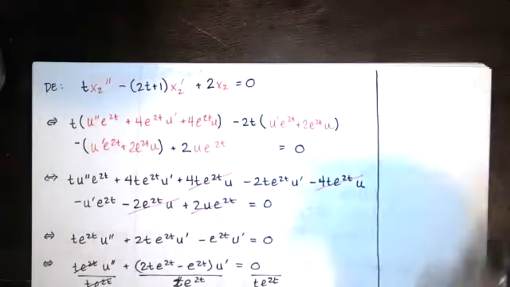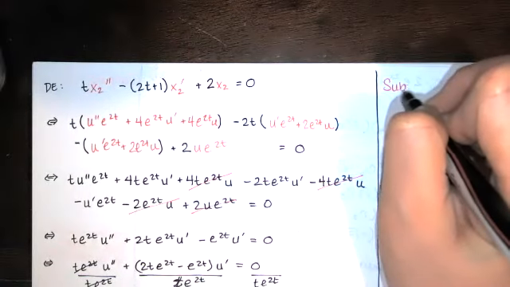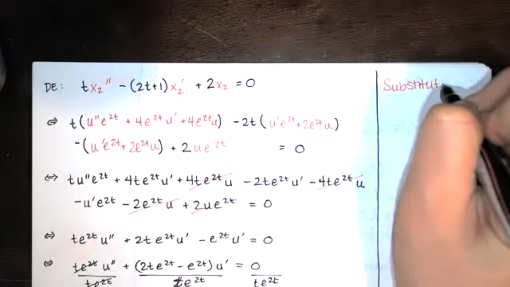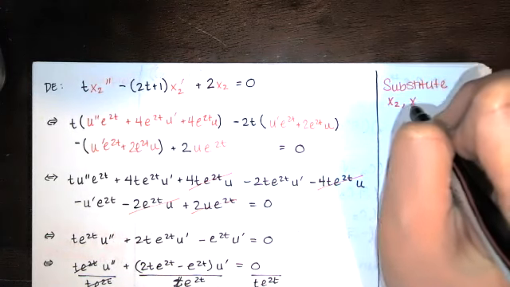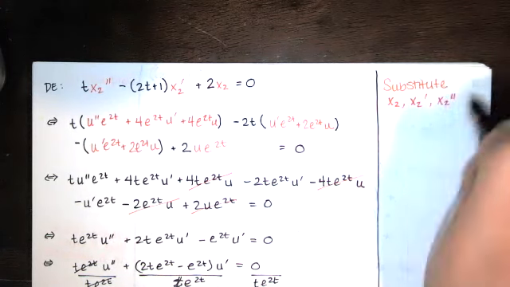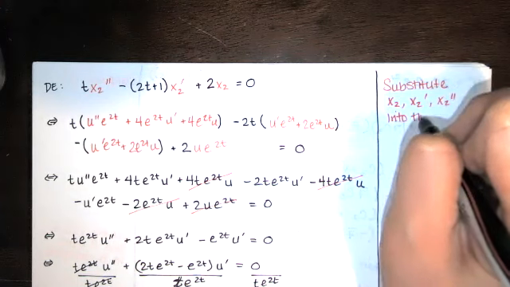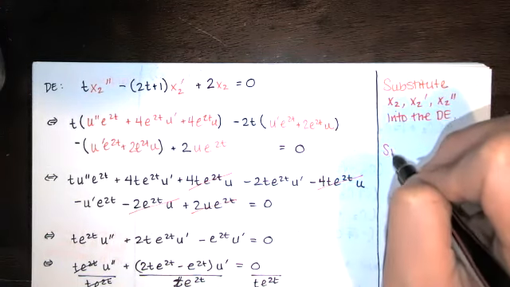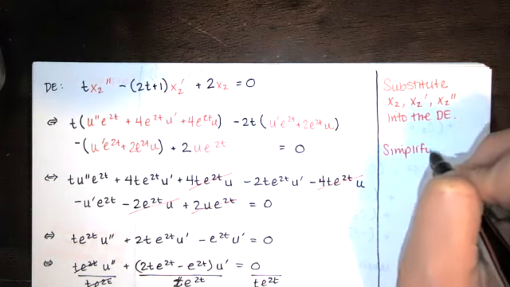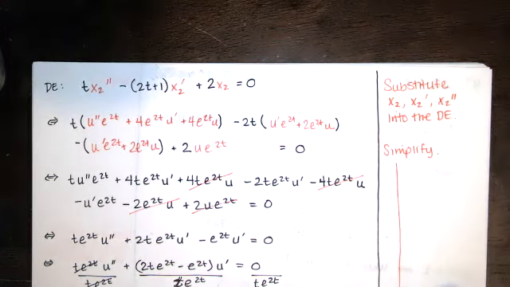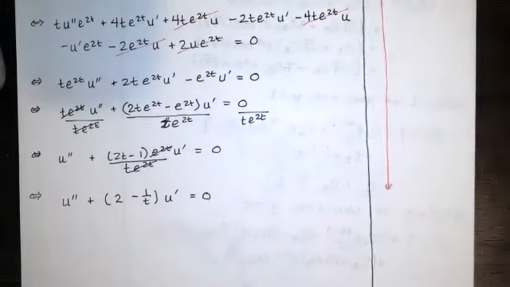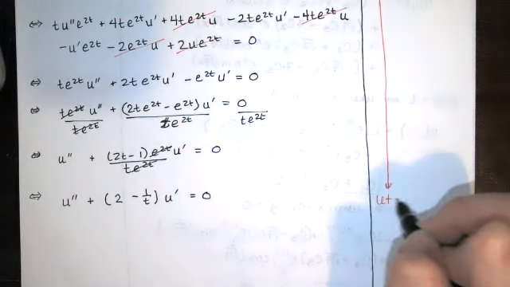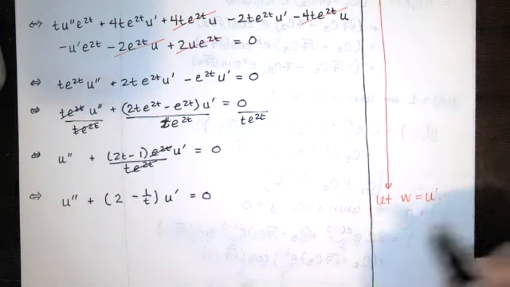So before we go on, let's see, we substituted x sub 2, x sub 2 prime, and x sub 2 double prime into the DE. Then we simplified. And now we're going to make a substitution. We're going to let w equal u prime.